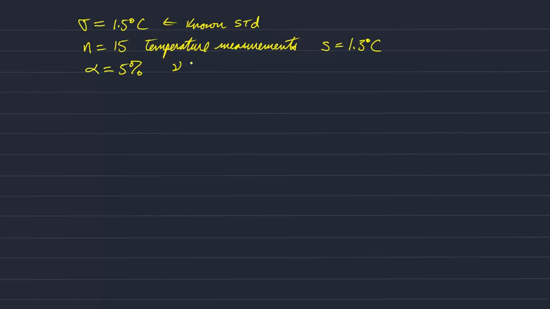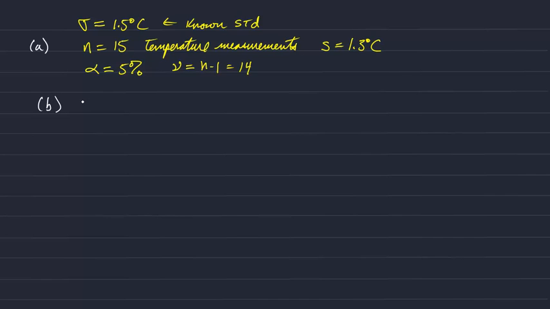Our number of degrees of freedom is n minus 1, because we're dealing with variances, and in this case that is 14. So that's what we're given, which is analogous to step A in the steps we've taken before.